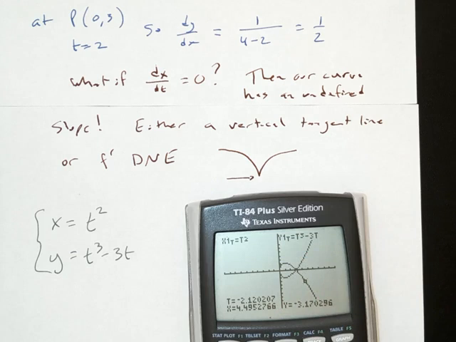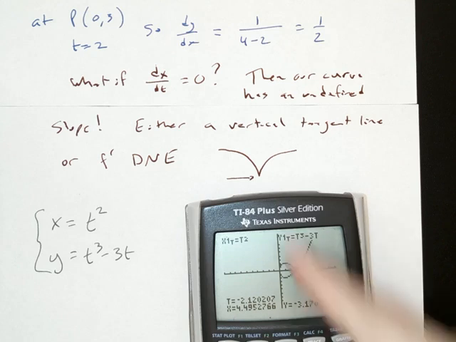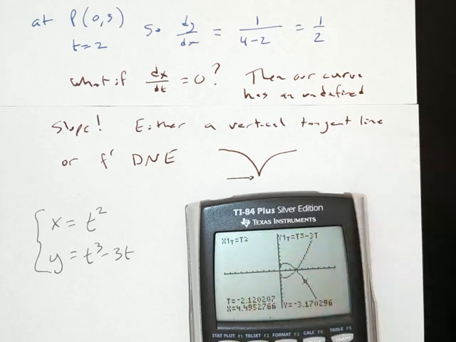When x is a big negative number, we're going to get big negatives. And as x gets closer to 0, we're going to get closer to 0. And then when x starts to become positive, we're going to start going back the other way. That's how t squared works. But t cubed means the y values go negative, positive, negative, positive. That's that up and down motion for cubic behavior. Up, down, up.